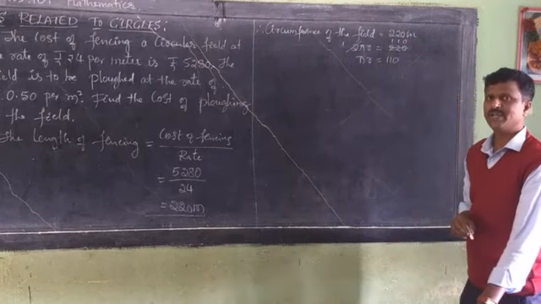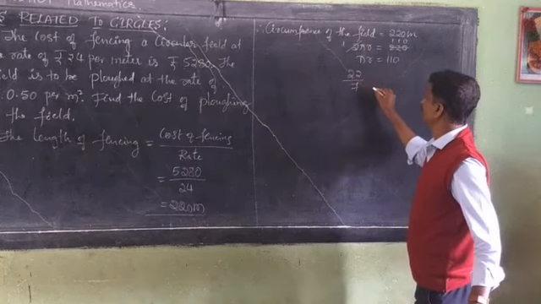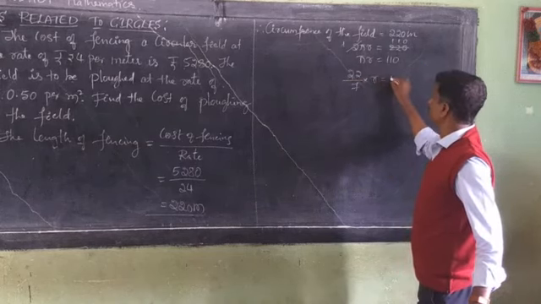What is the value of pi? The value of pi is 22 by 7. So 22 by 7 into r is equal to 110.